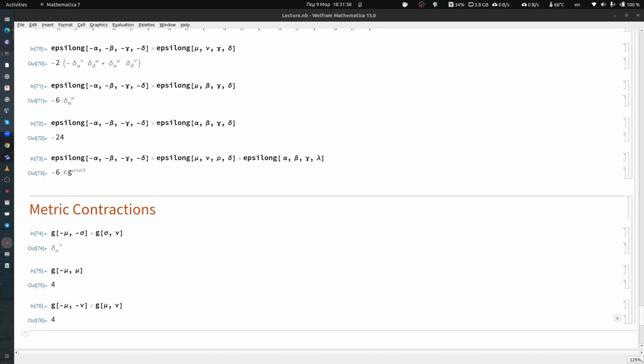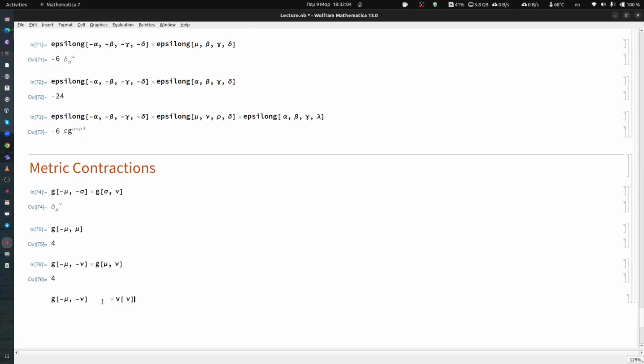So let's use this to raise and lower indices. So I have the vector v with an index upstairs. I contract it with the index nu of the metric, so that should give us v with the index nu lowered to v mu.